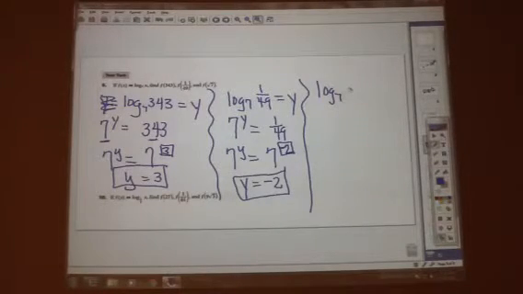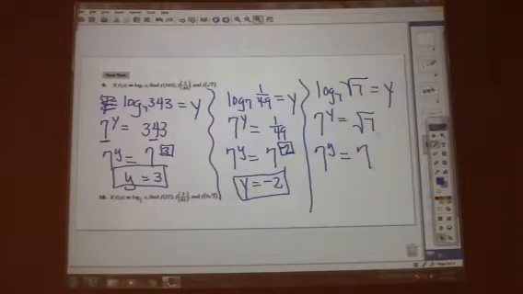Log base 7 of the square root of 7 equals y. How would I write that? 7 to the y equals square root of 7. 7 to the y equals 7 to the what?